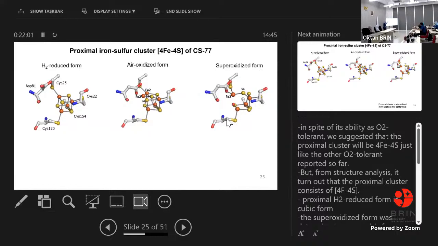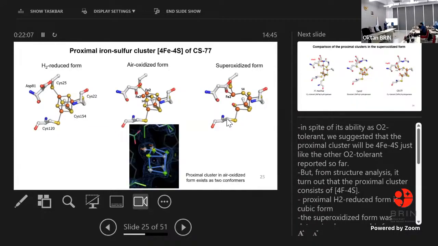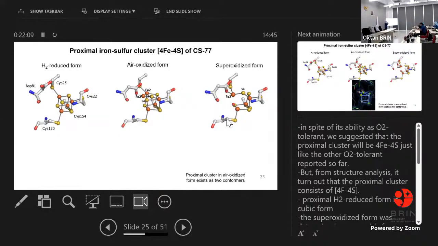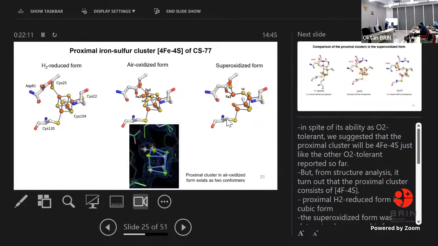It's confirmed that in air oxidized form, there are two conformations that exist for the proximal cluster iron sulfur. And in the superoxidized form, they are totally deformed. And okay, so the next one.